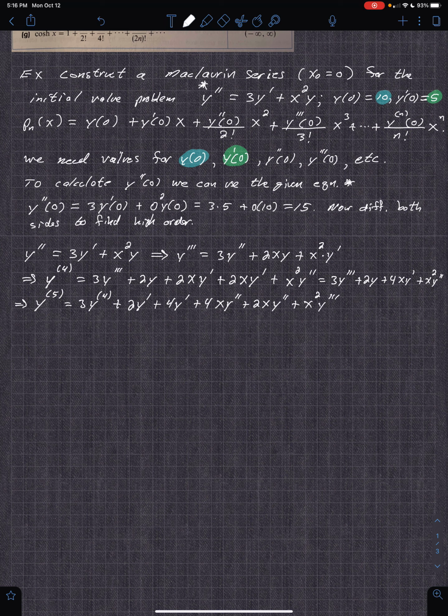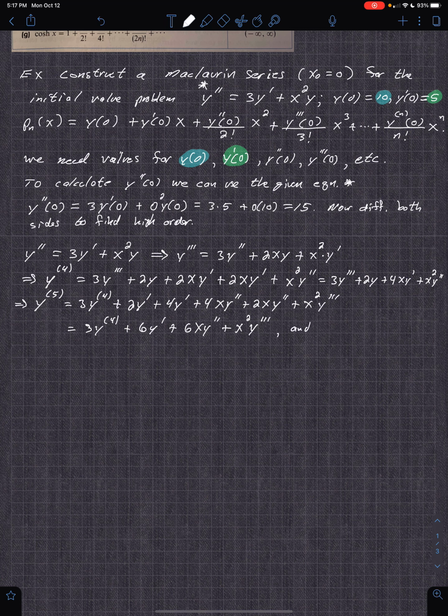And then simplify that. I'll just come down here. Okay, so combine that together: 3 y to the fourth prime, that is 6 y prime plus 6x y double prime plus x squared y triple prime. All right, so you're just combining and doing product rules on those, and then now you have to evaluate.